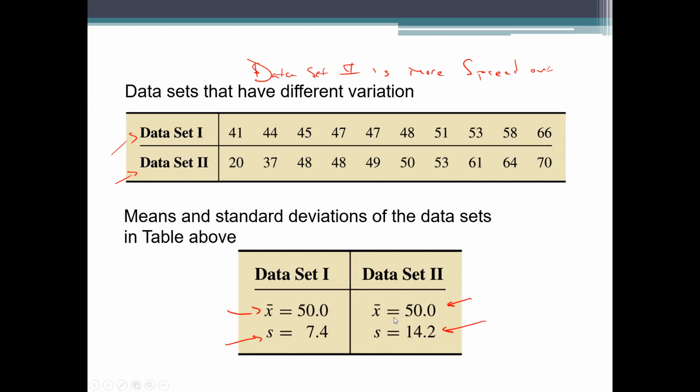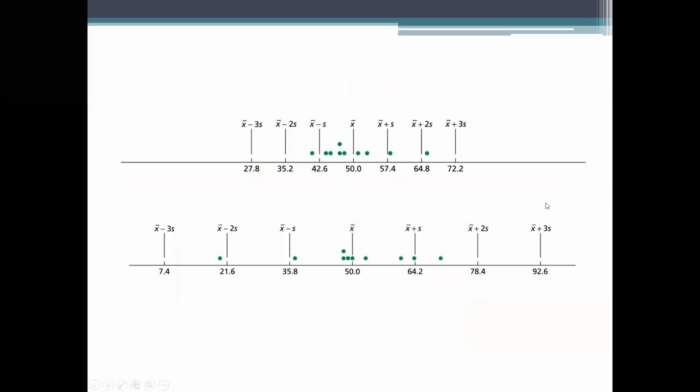You can see the spread of these two data sets when you look at the dot plots. Here's data set 1, and here's data set 2. Here the data is pretty clumped together by the mean, and here the data is way more spread out.